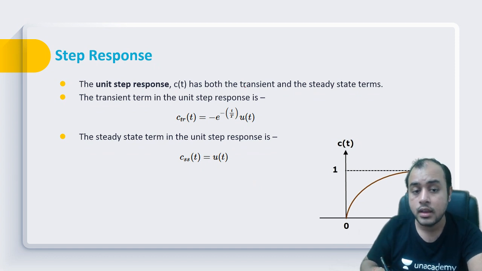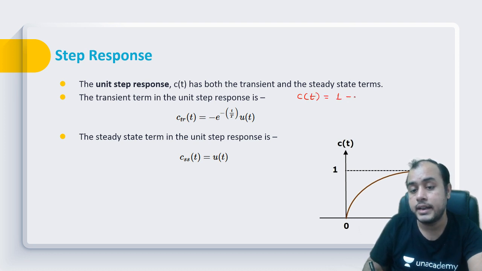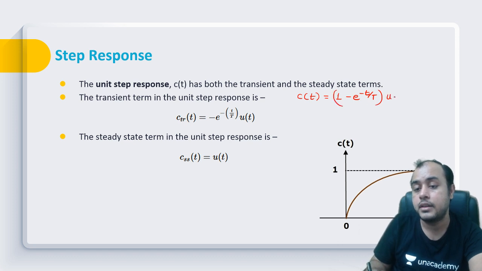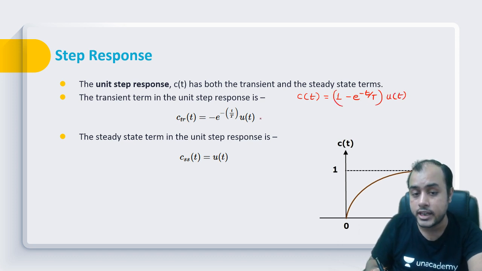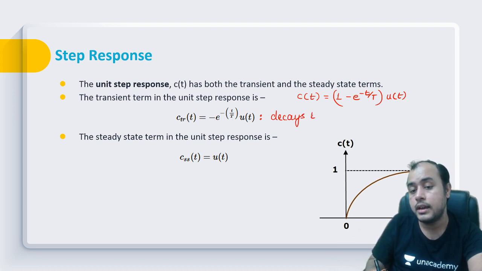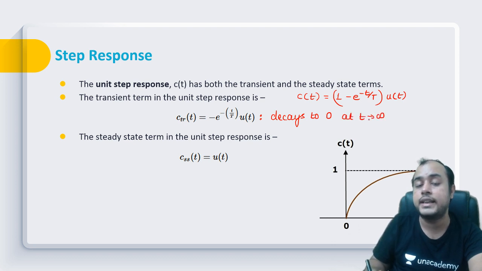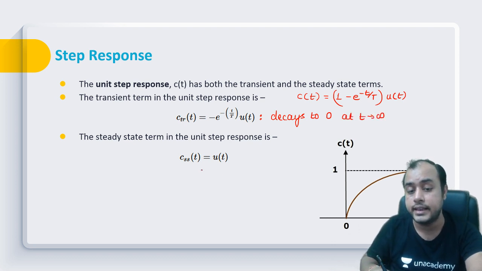Okay. So first of all, C(t) has two terms: 1 minus e to the power minus t by T, u(t). This exponential term is transient because it decays to 0 at infinity. Whichever term eventually dies out, that is the transient.